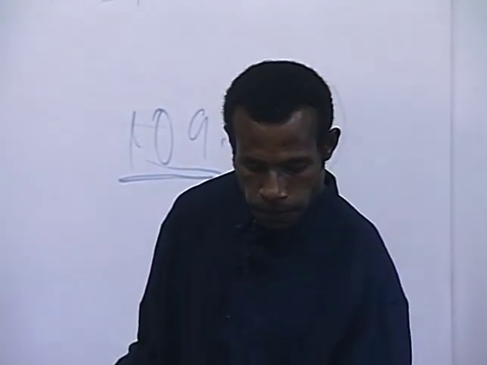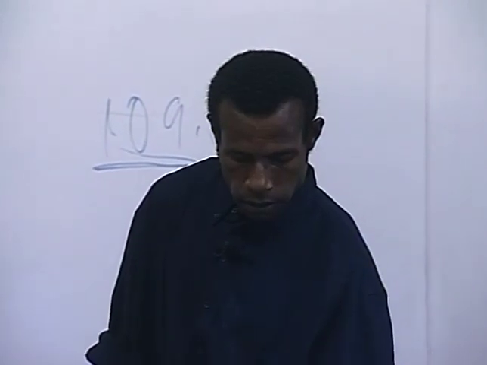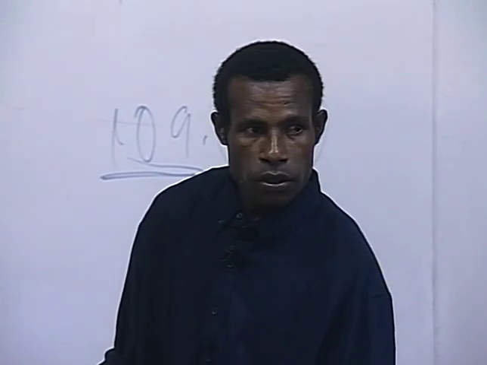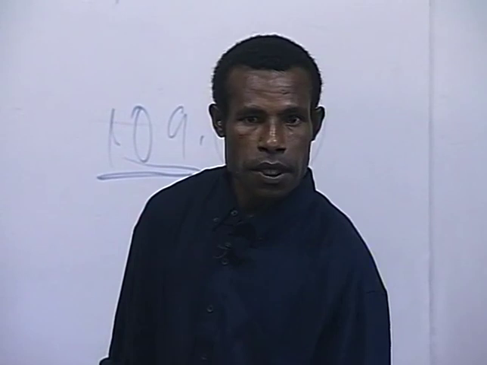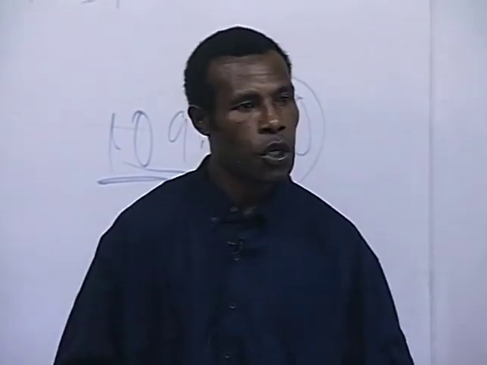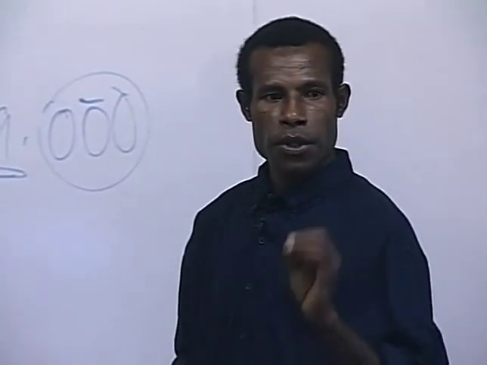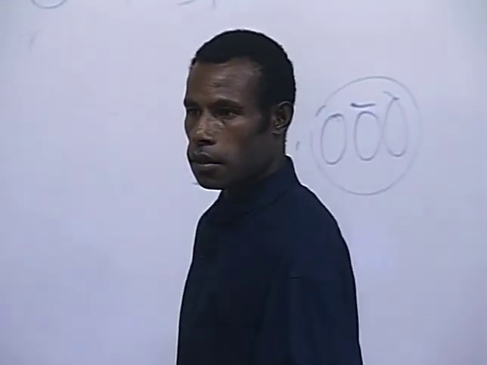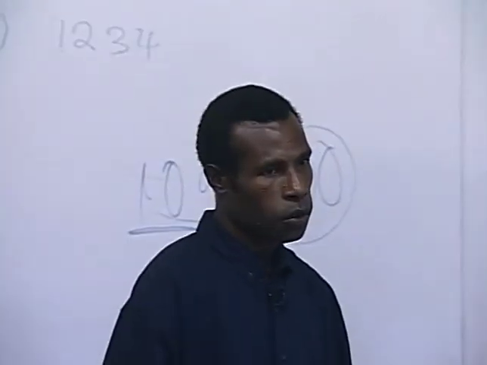And lastly, all zeros to the right of a decimal in a non-zero digit or figure are significant. For example, if you have 0.05030, how many significant figures? There are 4 significant figures.